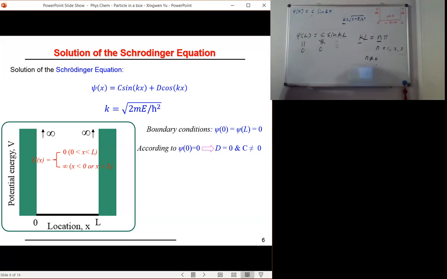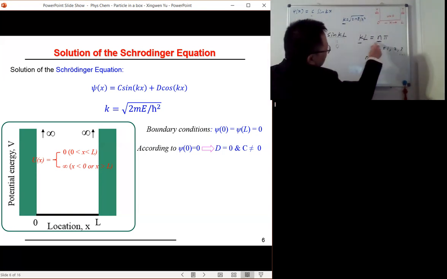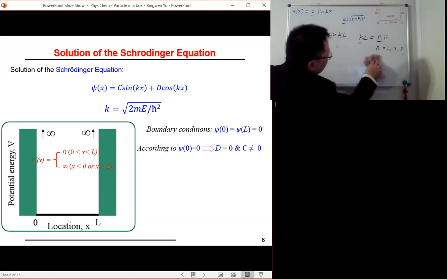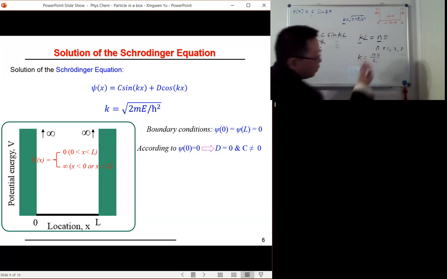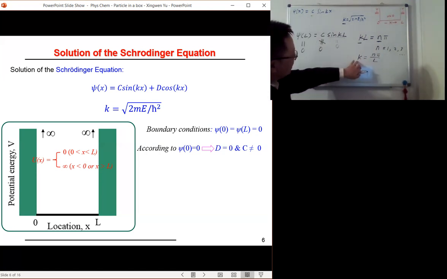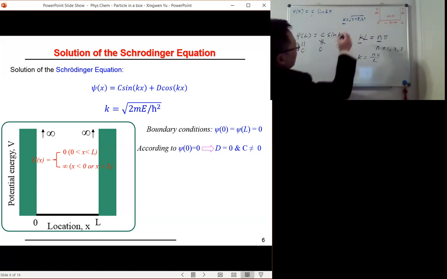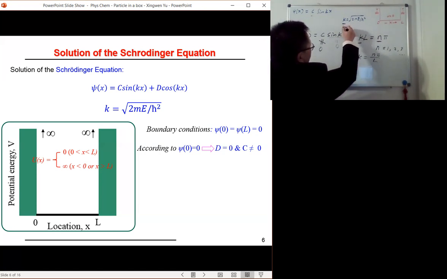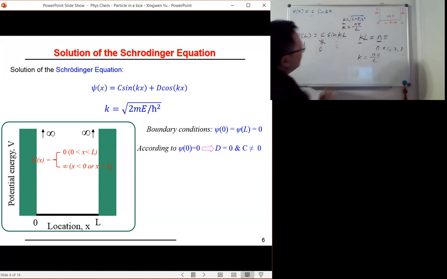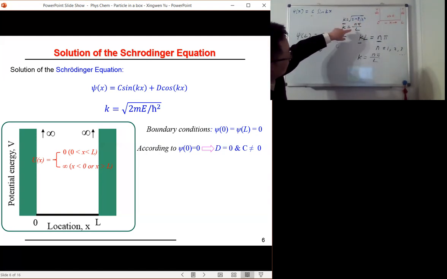Okay, if kL equals n pi, that means k can be expressed as n pi over L, right? We can write it here: k equals n pi over L. We're going to use it afterwards.